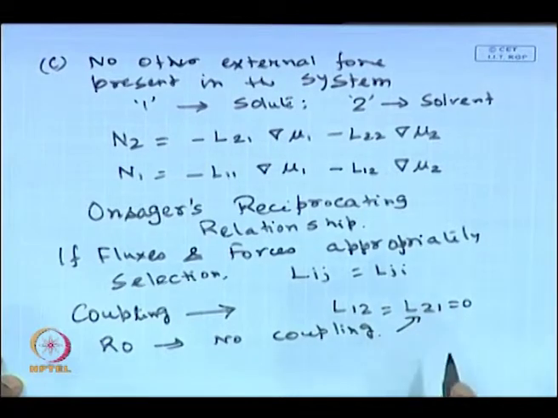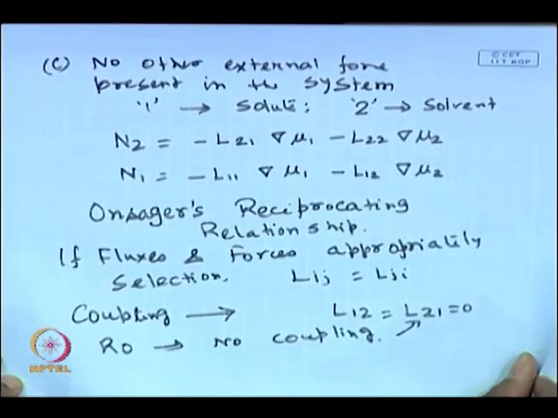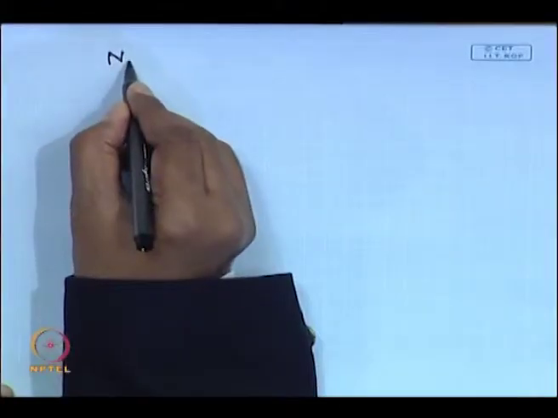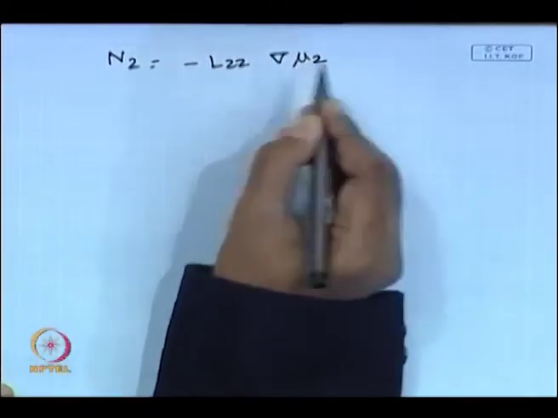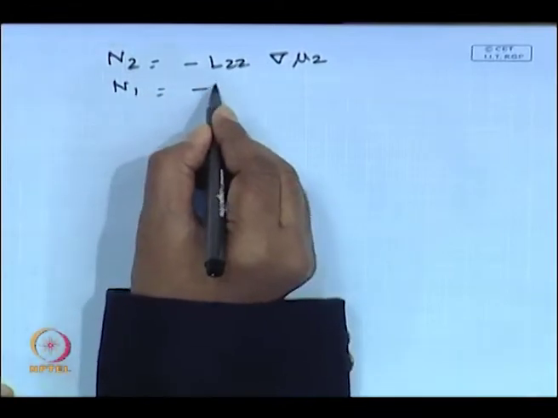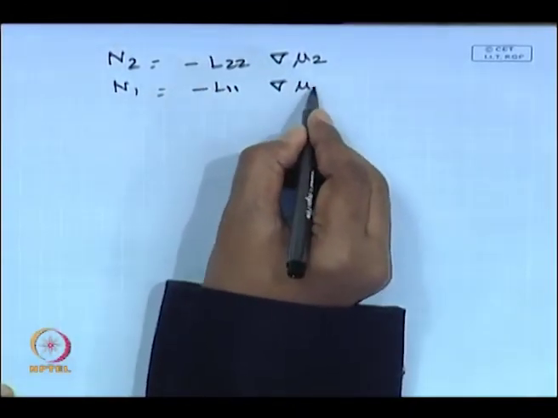If we assume there is no coupling, or coupling will be extremely small, in that case, the solvent and solute fluxes become N2 is nothing but minus L22 gradient of mu 2, and N1 becomes minus L11 gradient of mu 1.